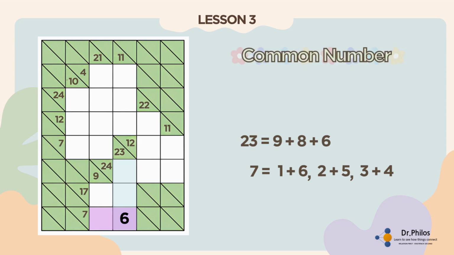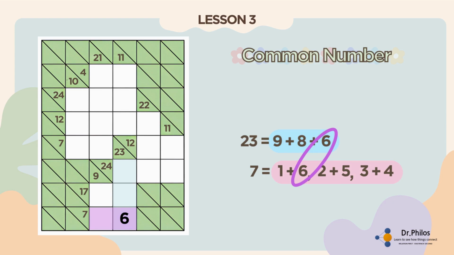Try comparing the column combinations and row combinations yourself. 23 equals 9 plus 8 plus 6, and 7 equals 1 plus 6, 2 plus 5, 3 plus 4. Oh! The only common number is 6. That's right. So you did need to figure out 8, 4 first.